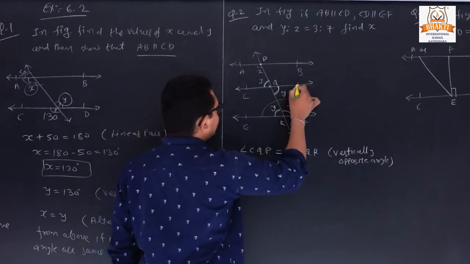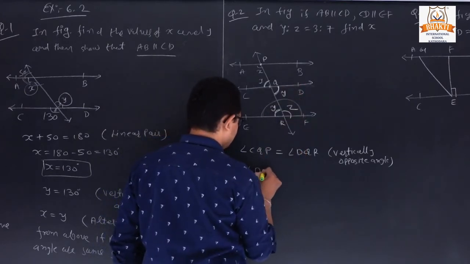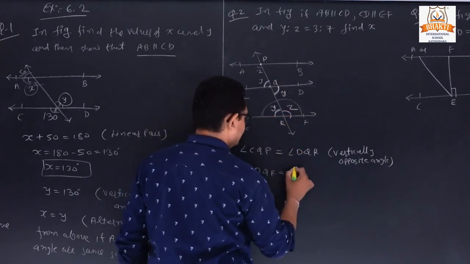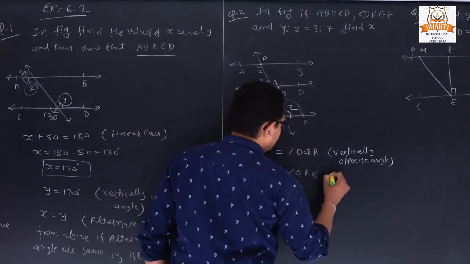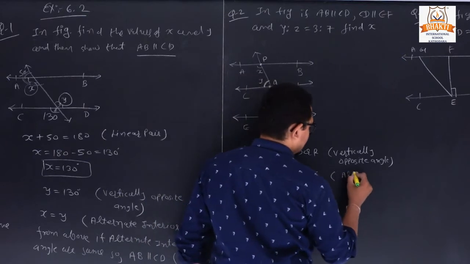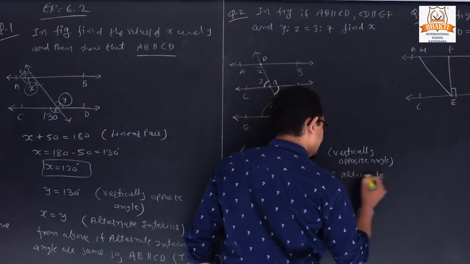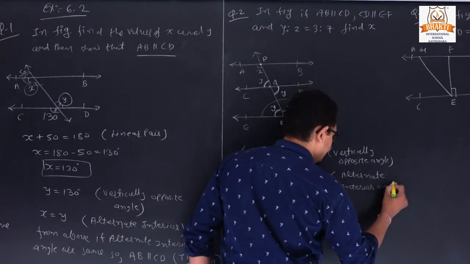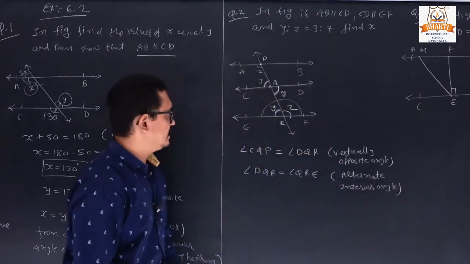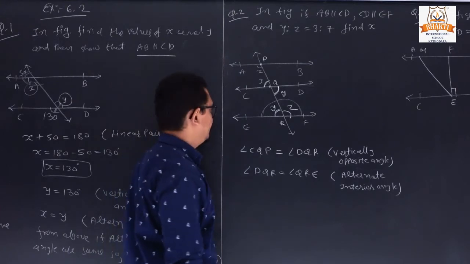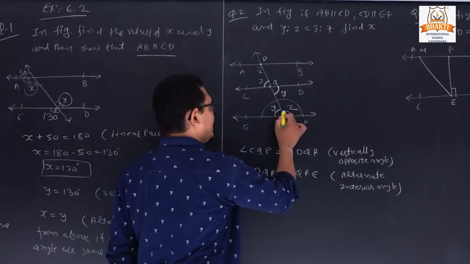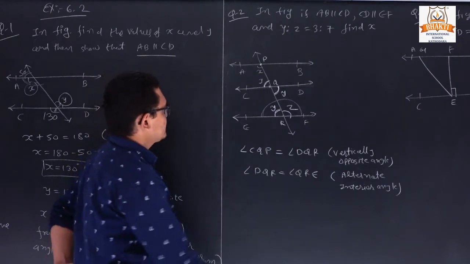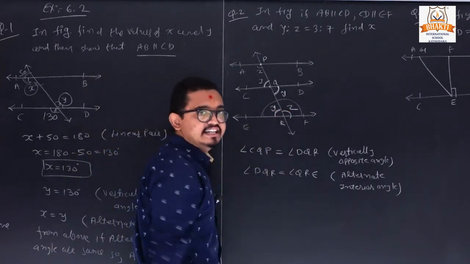So here DQR is equal to QRE, and here I am writing alternate interior angle. Clear? Alternate interior angle. Now this is a linear pair. Clear? This is a linear pair. So the sum of these both will be 180 degree.